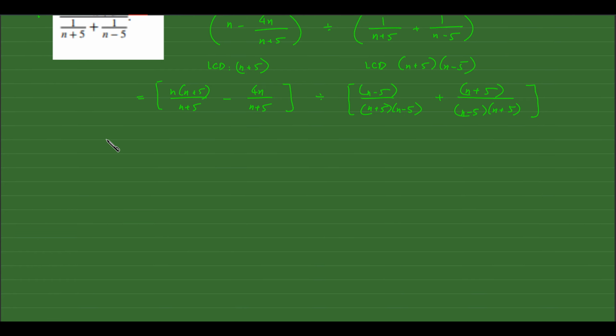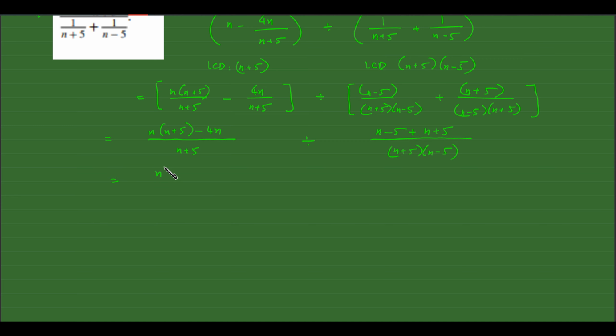Alright, so after you got the same denominator, you just go ahead and combine them. So n plus 5 minus 4n over n plus 5, n minus 5. And the top will be n minus 5 plus n plus 5. Then go ahead and distribute.